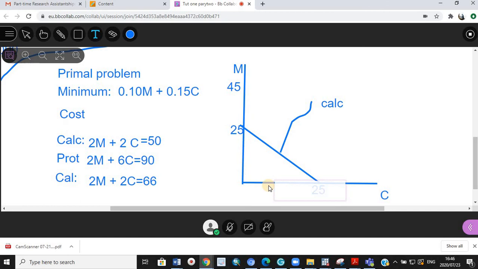Should be 15, right? All right, 15. So I will do this. Very good. So I will say that this is protein. It's protein.